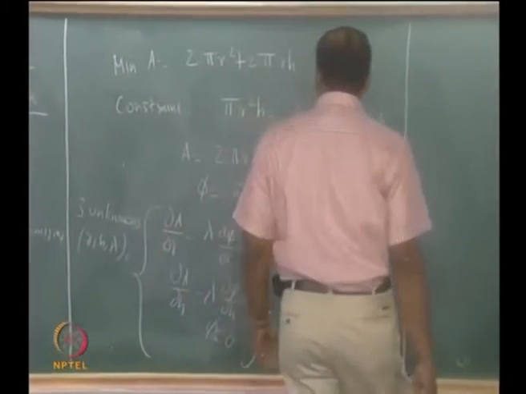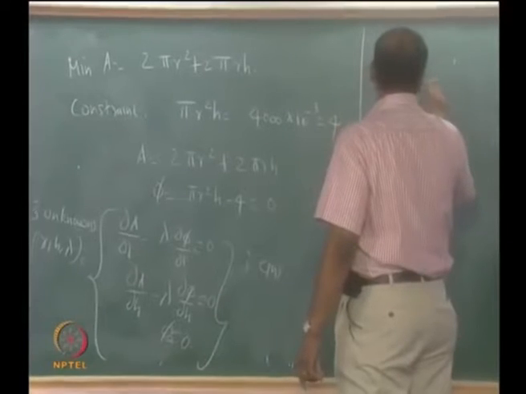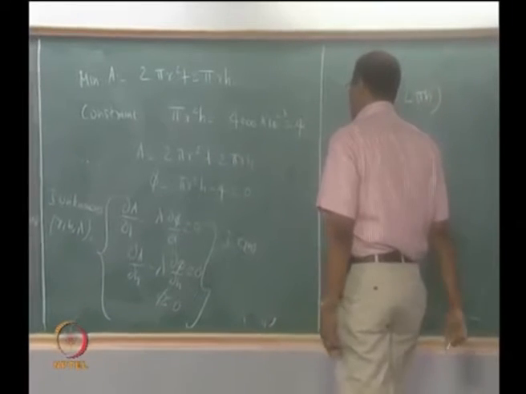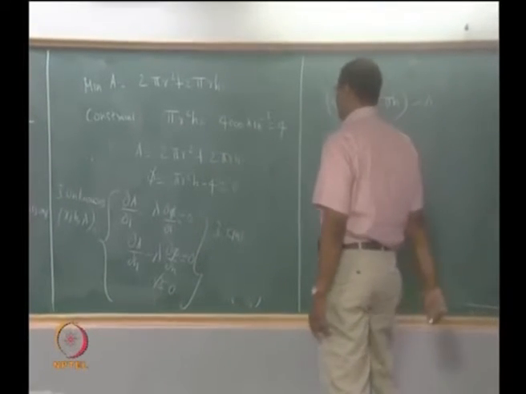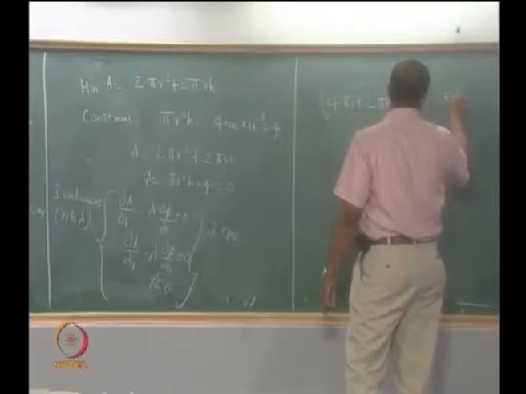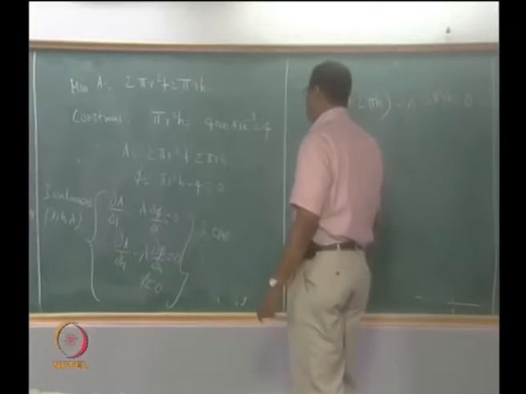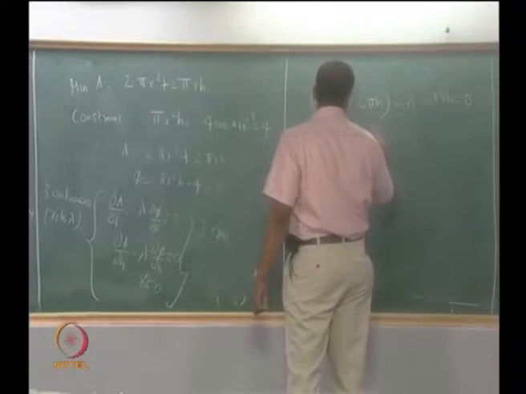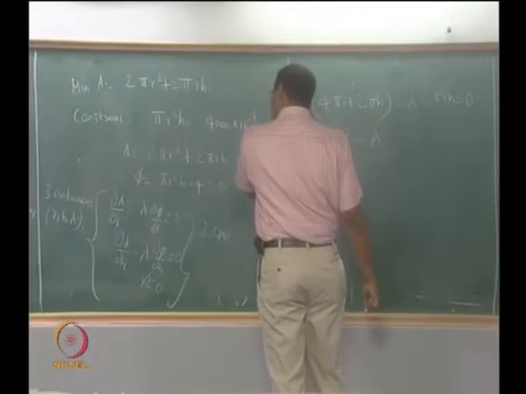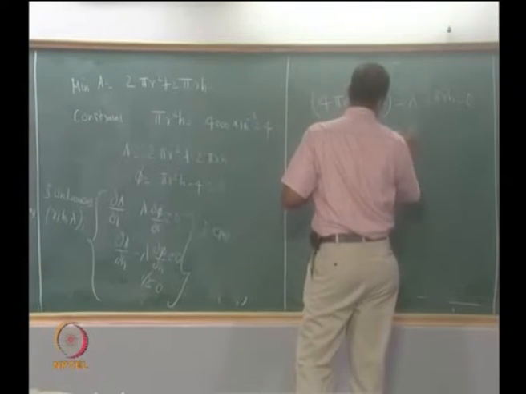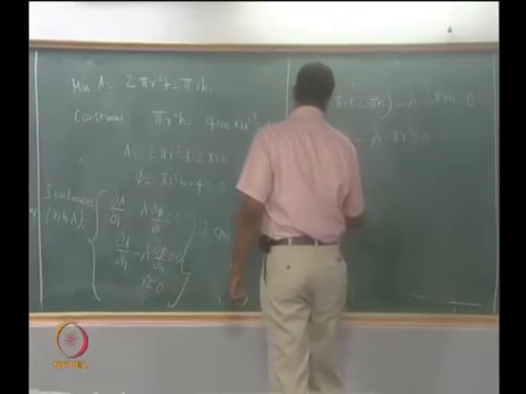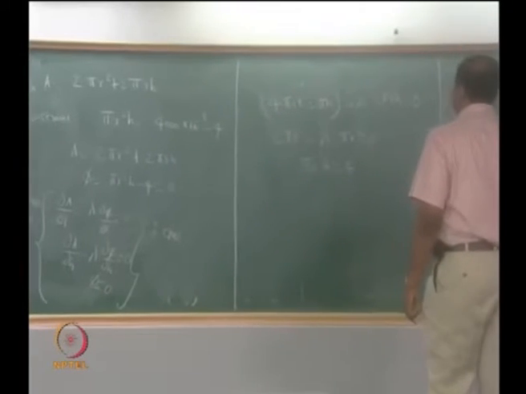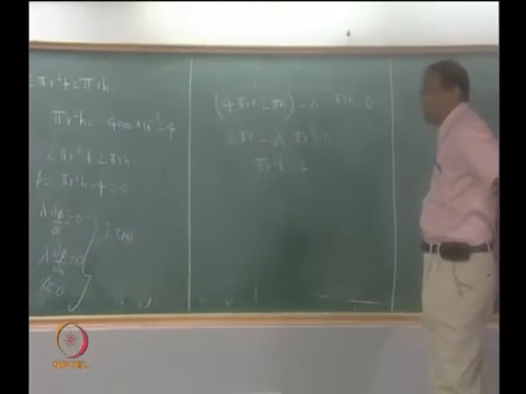Dou A by dou R is what? 4 pi R, two pi H. Is it right?